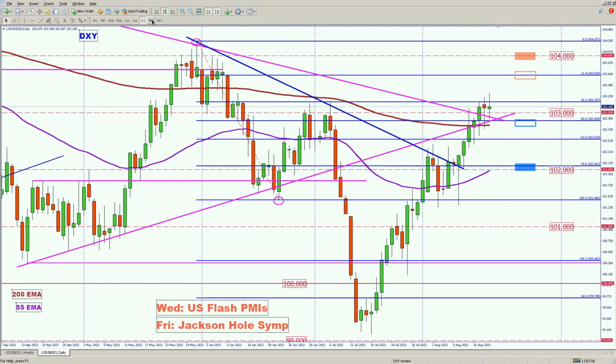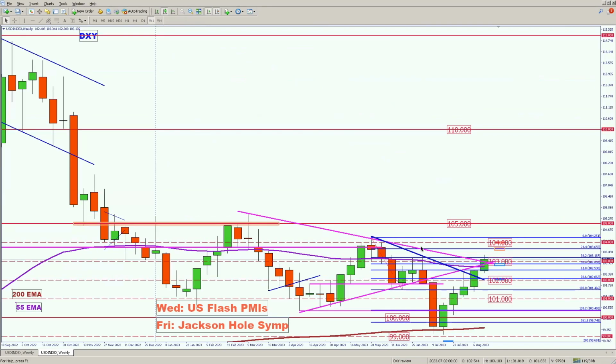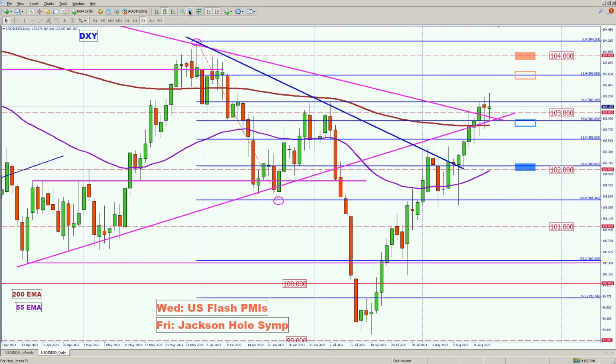Okay, and let's take a quick look on the weekly time frame. And also a bullish close as compared to the inversely correlated euro pair, which also had a bearish close for the week. So really moving in an inverse fashion.